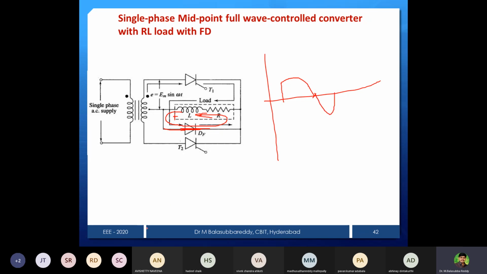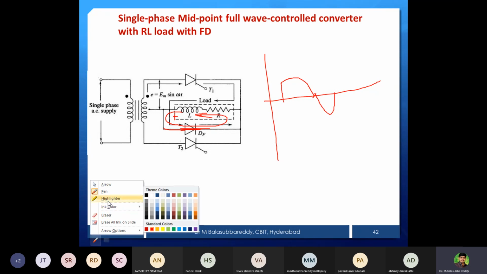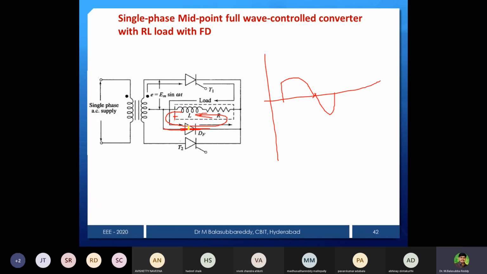But now, because the diode short circuits the load, this will become 0. But what is the current waveform? If you see the current waveform with the freewheeling diode, it rises, then it is carried by the diode. This portion is carried by the freewheeling diode and this portion is carried by the thyristor.